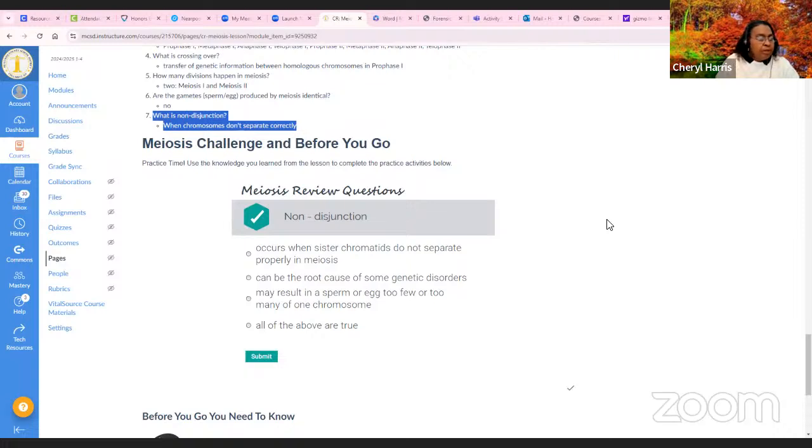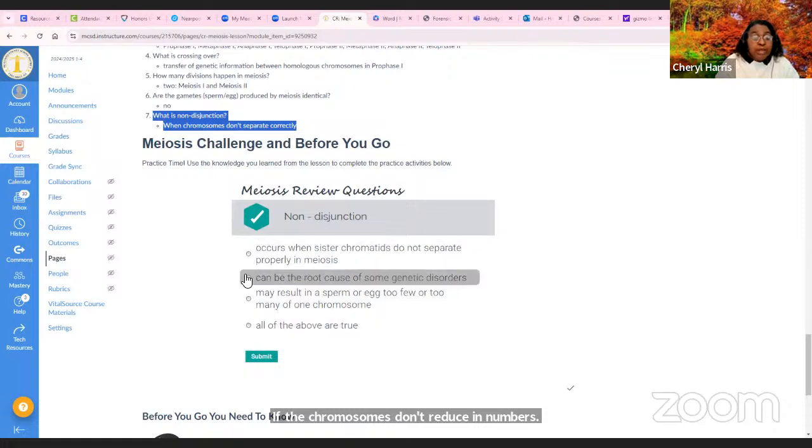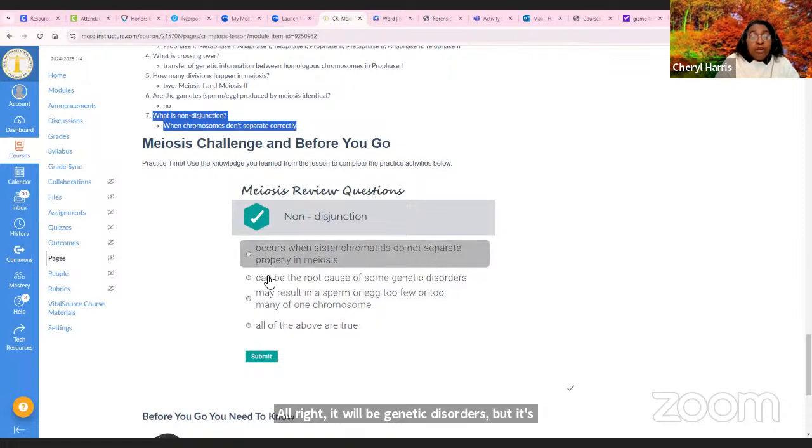What's going to happen if the chromosomes don't reduce in numbers? All right, it will be genetic disorders. Non-disjunction occurs when they don't separate properly. So that's what it says up here.